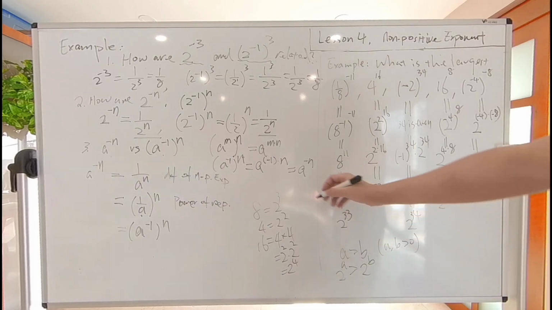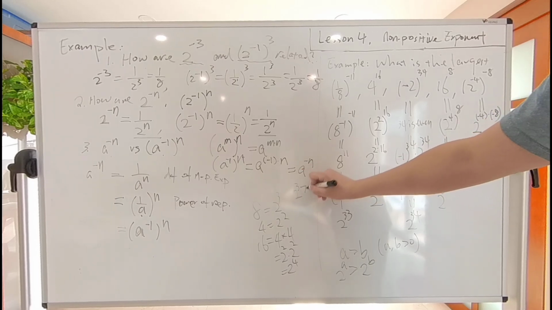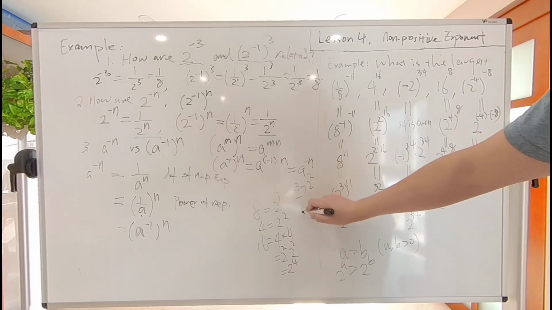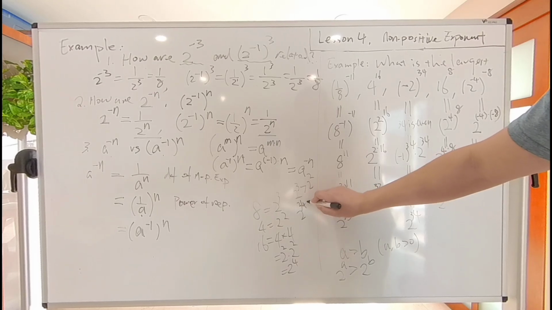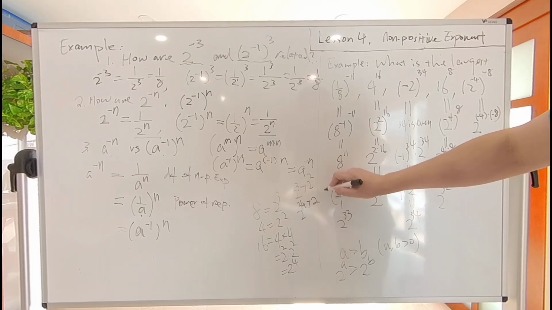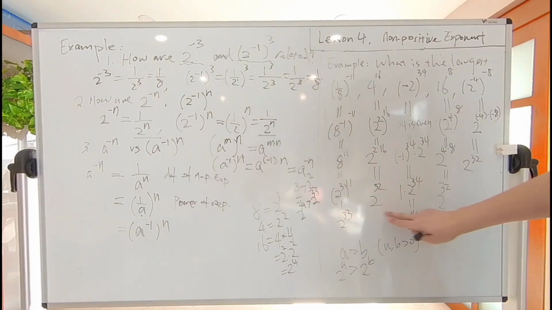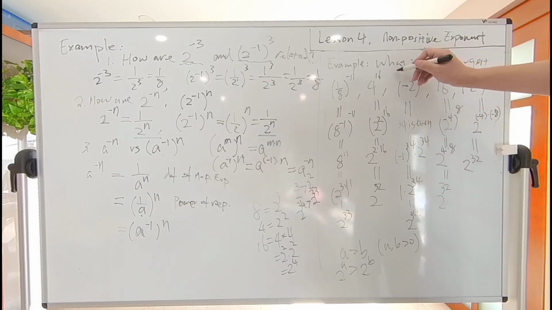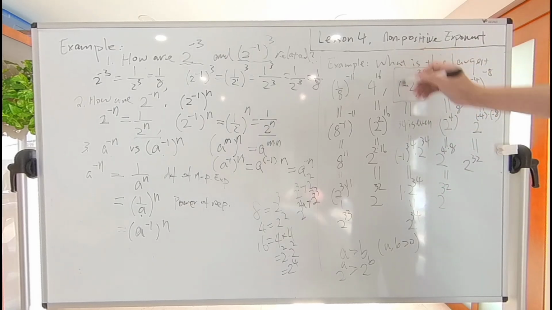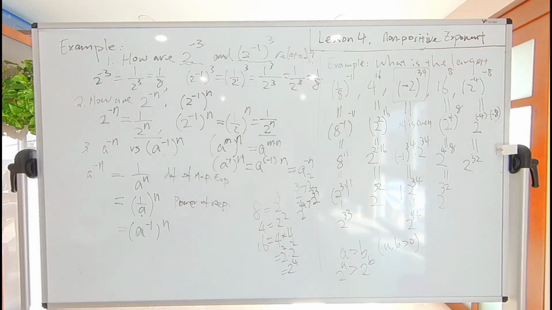Or intuitively, 2 to the power of 3 is greater than 2 to the power of 2, or 2 to the power of 34 is greater than 2 to the power of 33 or 32. So among all these numbers, the highest power is 34, which means this number is the largest among all 5 numbers.